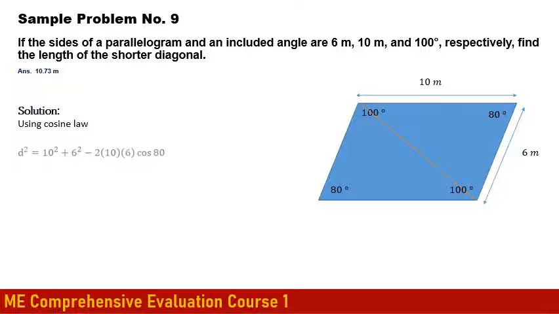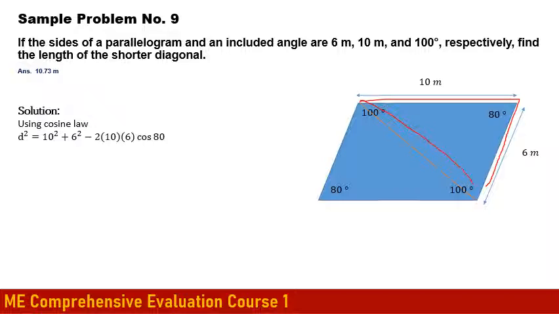Using cosine law, d squared, the diagonal that we are looking for, is equal to 10 squared plus 6 squared minus 2 times the product of 10 meters and 6 meters times cosine of 80. This is based on this triangle here, where the included angle is 80 and the sides that include it are 10 meters and 6 meters.